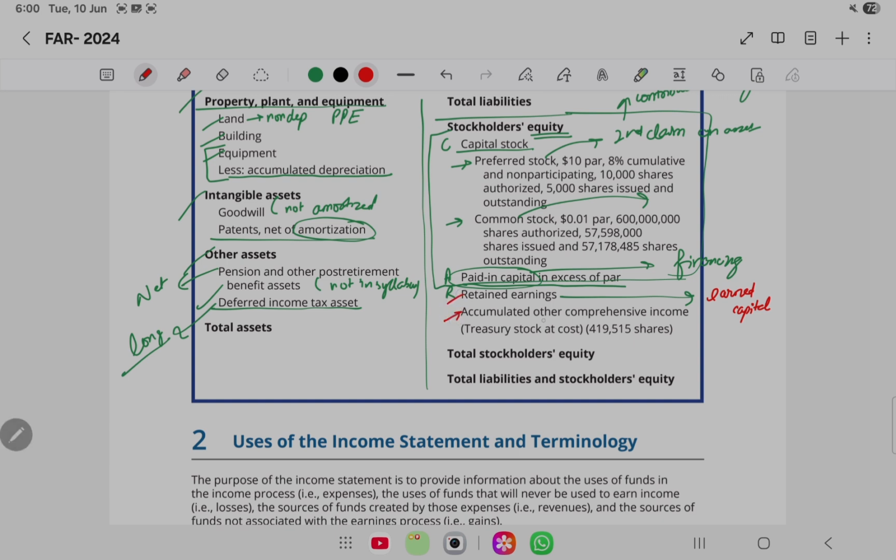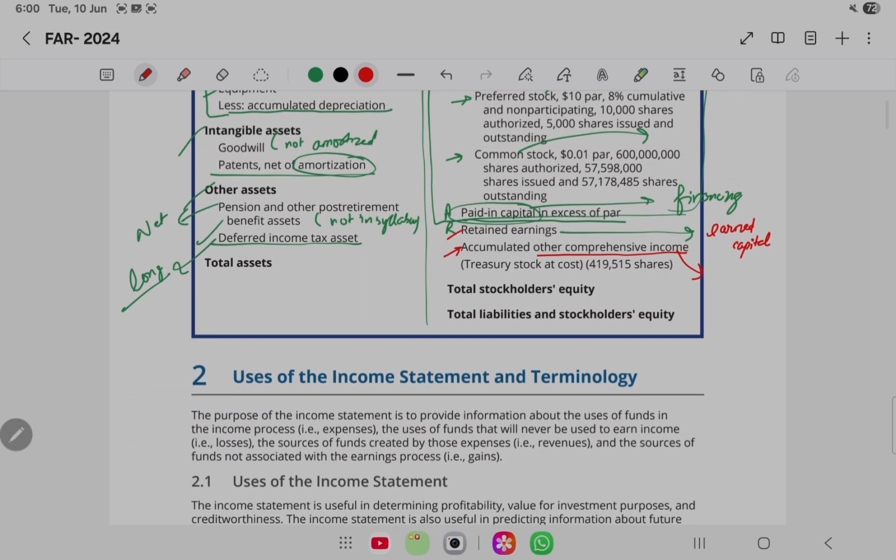And the accumulated other comprehensive income, what is this? It is the accumulated retained earnings from previous years, also gains or losses which are directly transferred to OCI. We call it OCI in short.